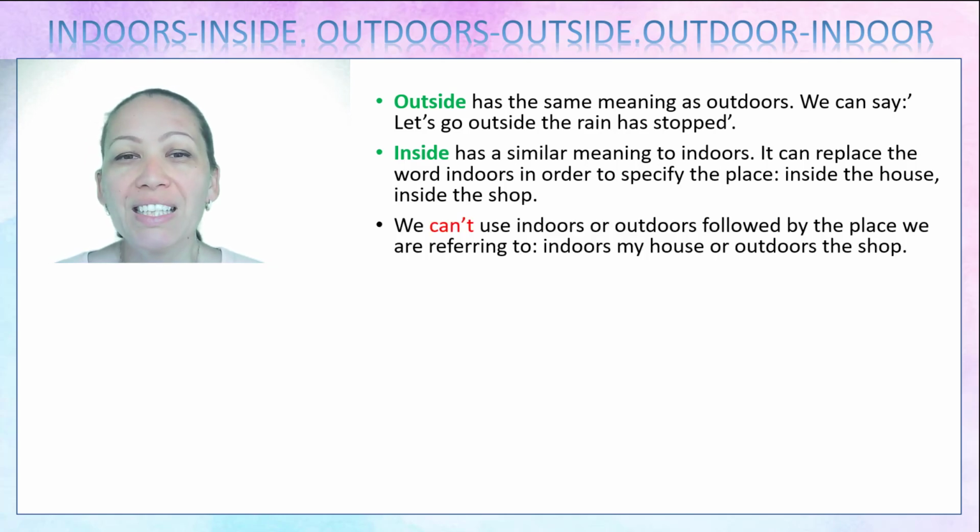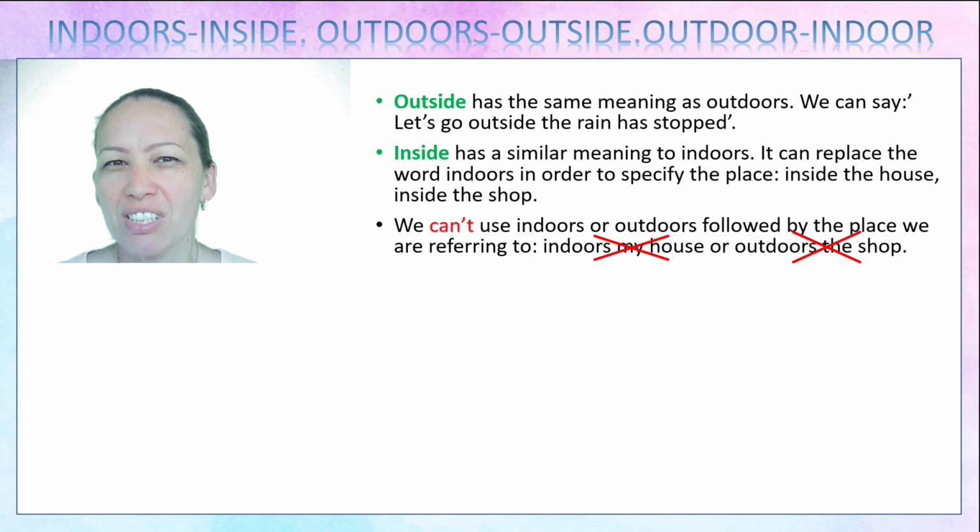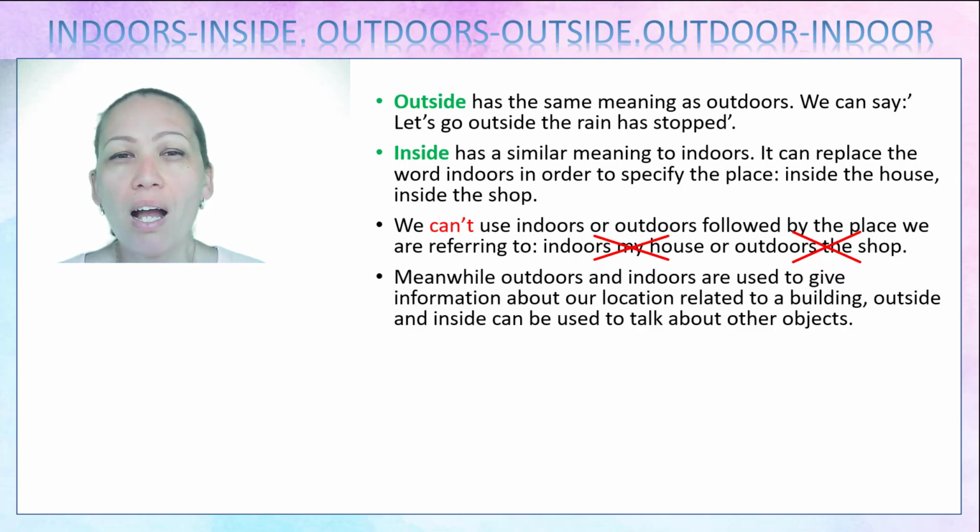We cannot use indoors or outdoors followed by the place we're referring to. We can't say indoors my house or outdoors the shop. It sounds quite strange. So meanwhile, outdoors and indoors are used to give information about our physical location related to a building.